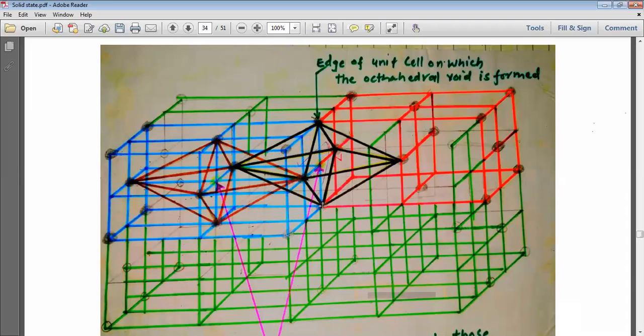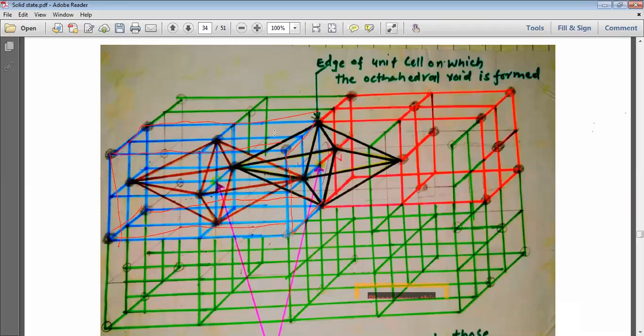You can see that this is the edge where the black void is available, 1/4 inside this blue colored cube. So this type of other 11 edges are also available. 1, 2, 3, 4, 5, 6, 7, 8, 9, 10 and 11.